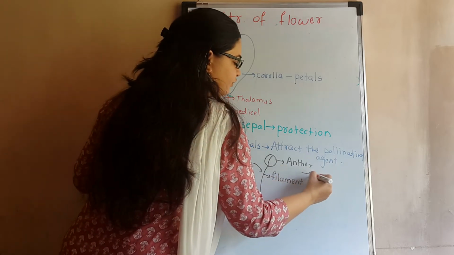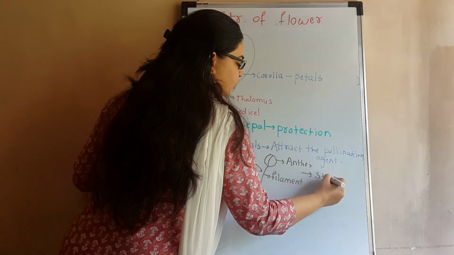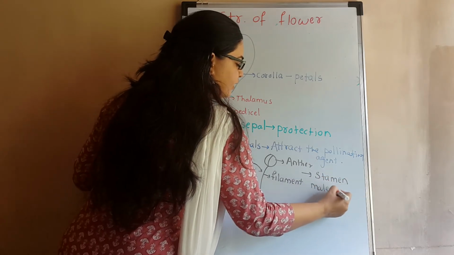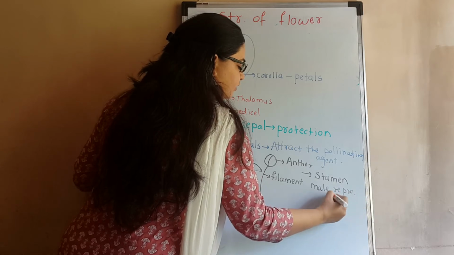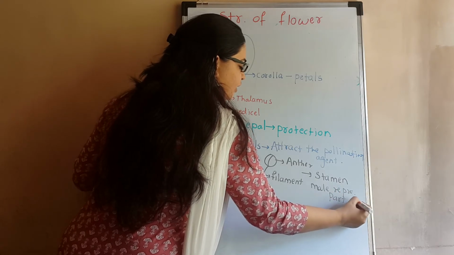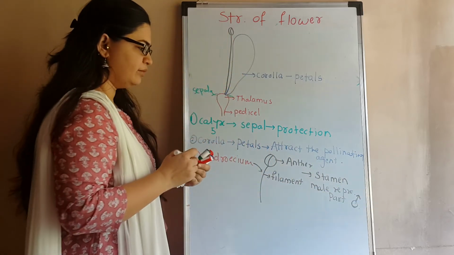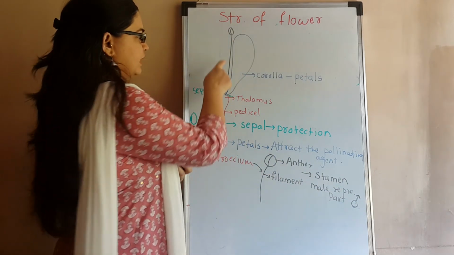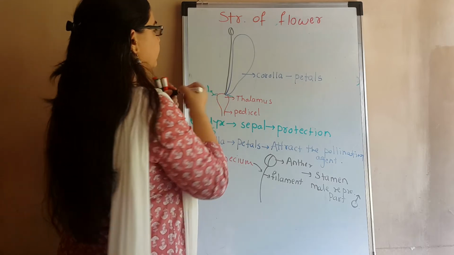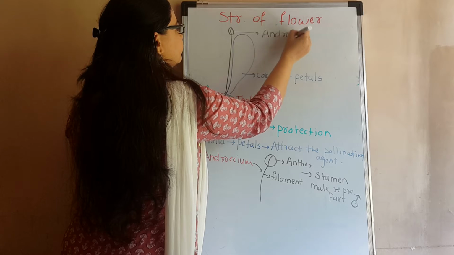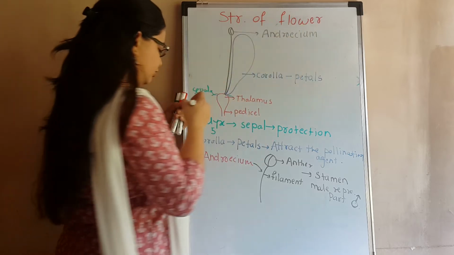The member of the androecium is known as the stamen, and it's a male reproductive part. You can also use this kind of sign to represent the male reproductive part. So yes, this one is the androecium.